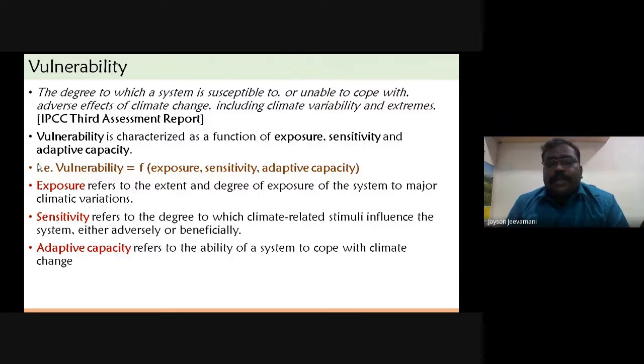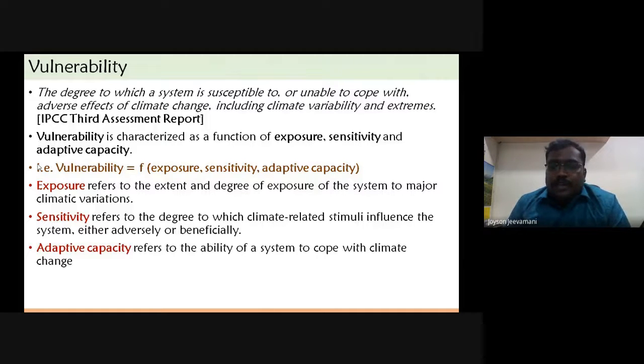Vulnerability is the degree to which a system is susceptible to or unable to cope with adverse effects of climate change, including climate variability and extremes. So vulnerability is the degree to which a system is getting affected. Actually, it is a function of three important determinants: exposure, sensitivity, and adaptive capacity. So basically, vulnerability is a function of exposure, sensitivity, and adaptive capacity.